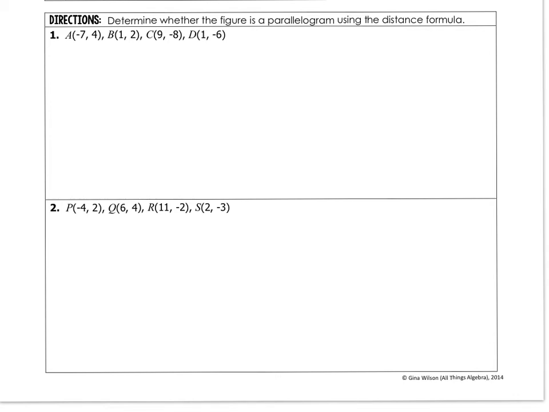Number one, I'm given 4 coordinates. So if you just think about parallelogram ABCD in here, I have to determine if they're parallel or not. The coordinate points are given, so I know I can use my distance formula to calculate.